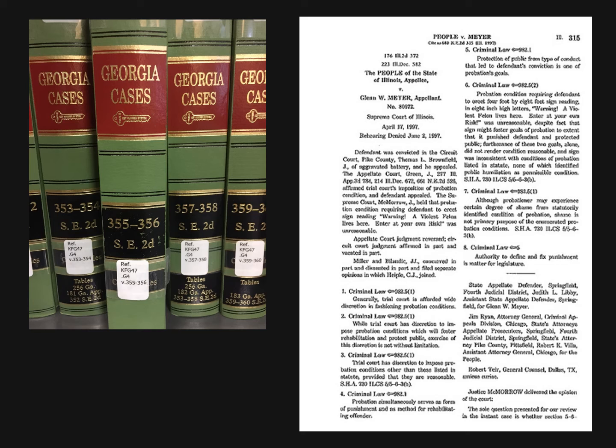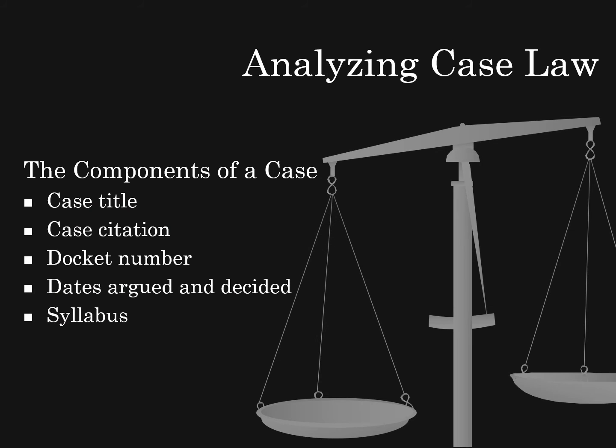So this is what a case looks like, okay? And let's talk about each of the pieces of a case. I know this is going to be very small on your screen, but you have the components of a case.